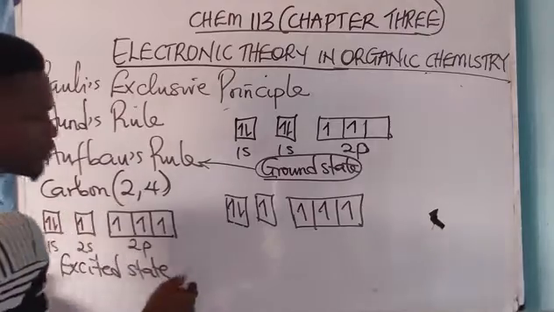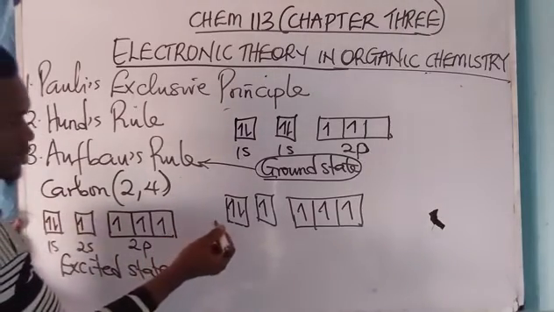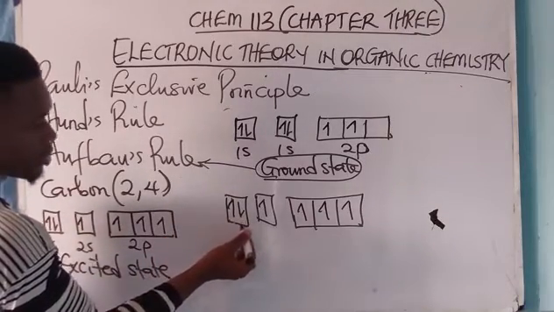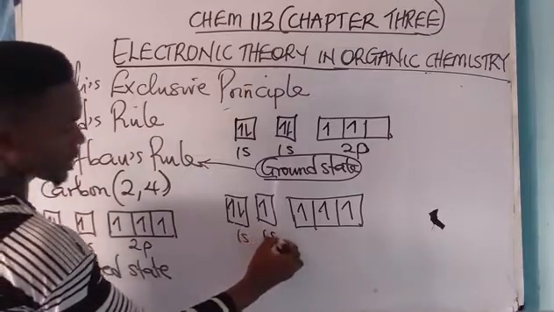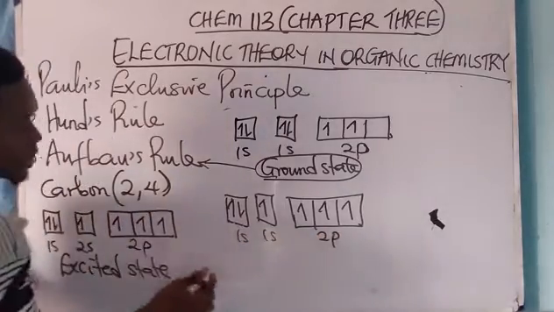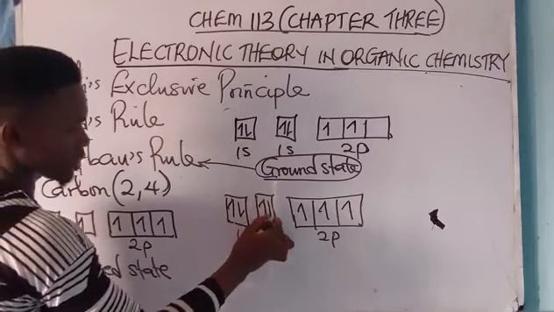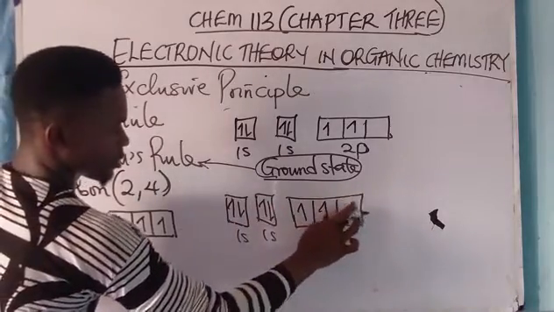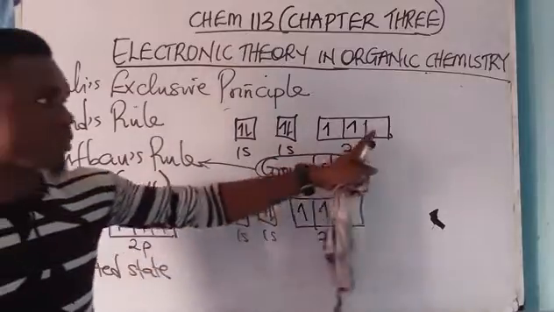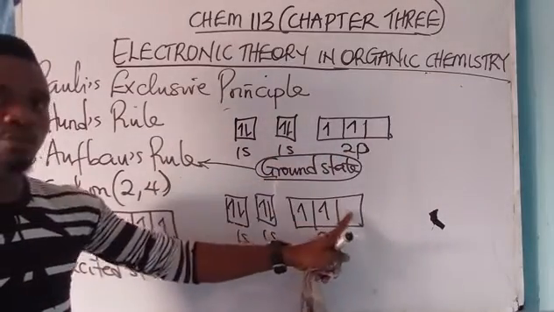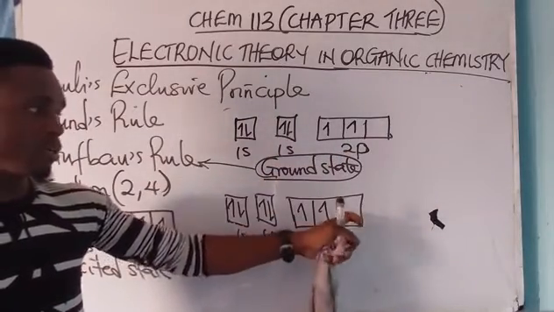Good. Now, which means that I have 1s, 1s, 2p. Look at it here. I should be specific. This was what we had initially. We were having one empty orbital.